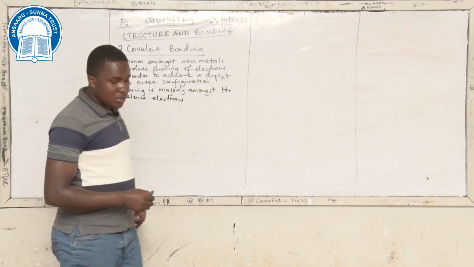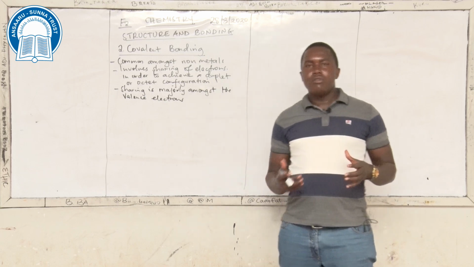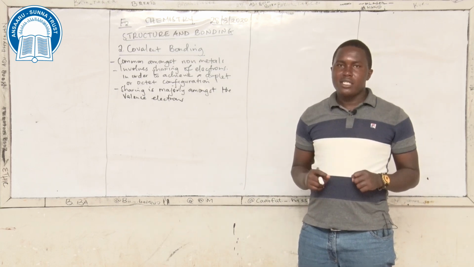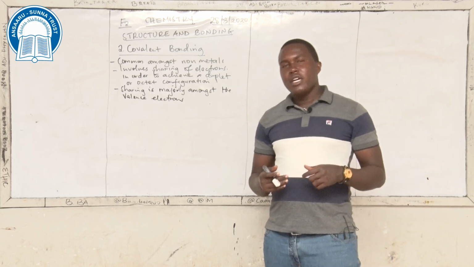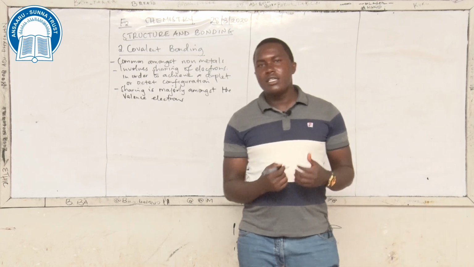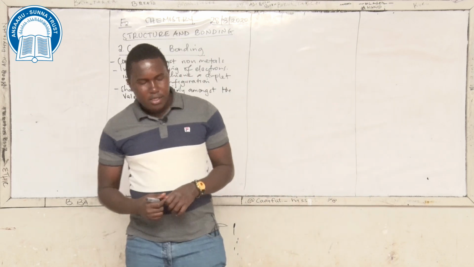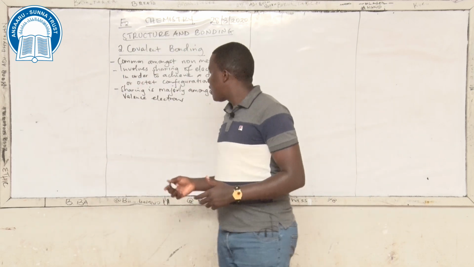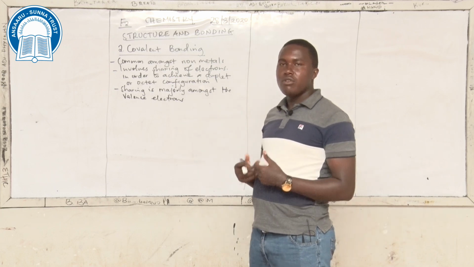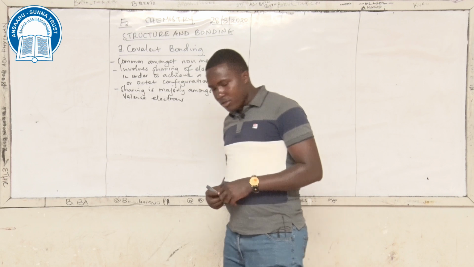The valence electrons are the electrons in the outermost energy level. So when you look at some of the structures that are formed when covalent bonding takes place, we are only going to focus on the outermost energy level and not the other energy levels, because sharing takes place among the valence electrons, and you know very well that the valence electrons are always situated in the outermost energy level.